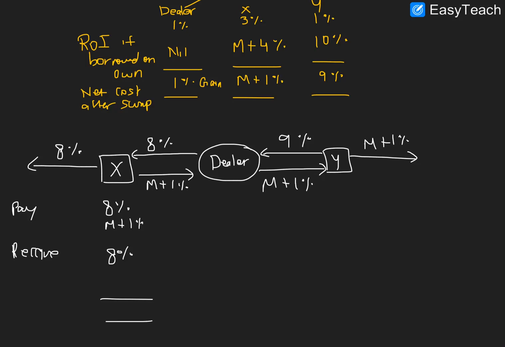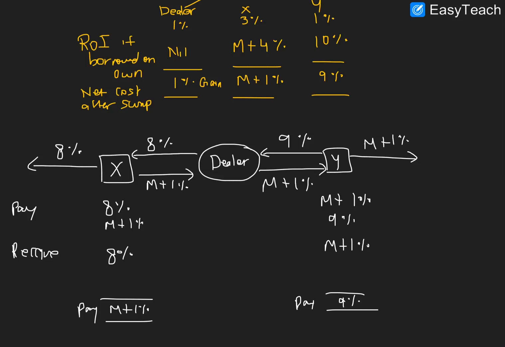So the net effect is MIBOR plus 1% payment. If you talk in terms of Y, Y is paying MIBOR plus 1%, it is also paying 9%, and it is receiving this MIBOR plus 1%. So the net effect, you will say that Y is paying 9%, and that is what the intended cost was also.